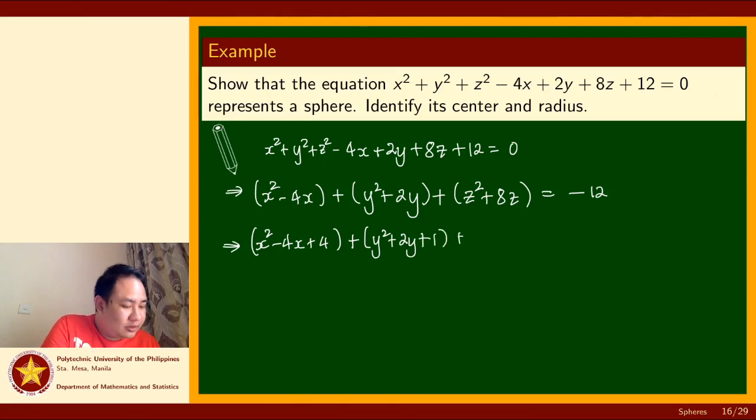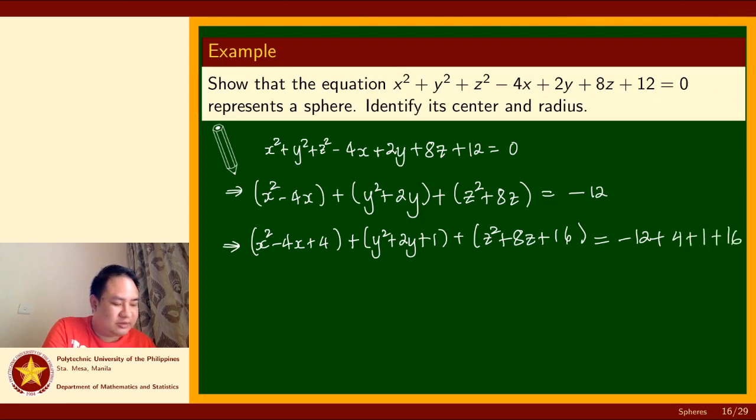Next, to complete the square for z squared plus 8z, we divide 8 by 2, which is 4, take the square, and we add 16. Now take note that this is an equation, so whatever we do on the left-hand side must be done on the right-hand side. So this is negative 12 plus 4 plus 1 plus 16.